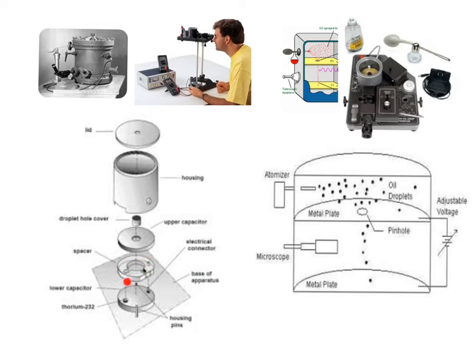And the electric field, which you control with the voltage, controls the force on the oil drops. The force on a charged object is Q times E. That goes back to week 2. So this is much of the technical detail of this experiment.